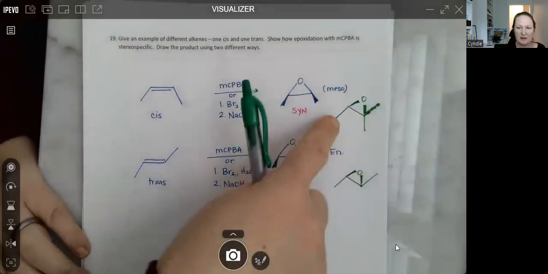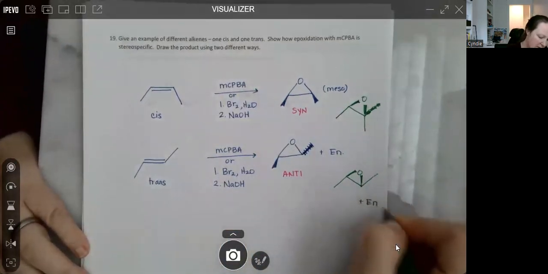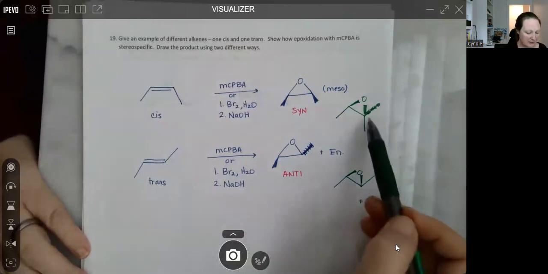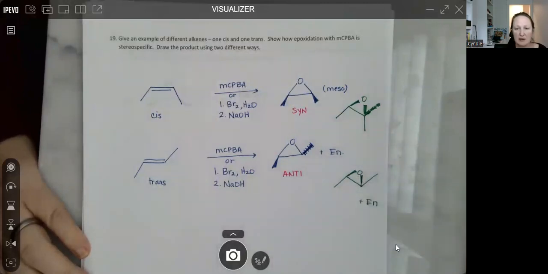Again, this is still meso, so no enantiomer. This one would have an enantiomer, and just by virtue of drawing this methyl down or over in this direction, the stereochemistry at that carbon is different. So it is still showing the stereospecificity of the reaction.